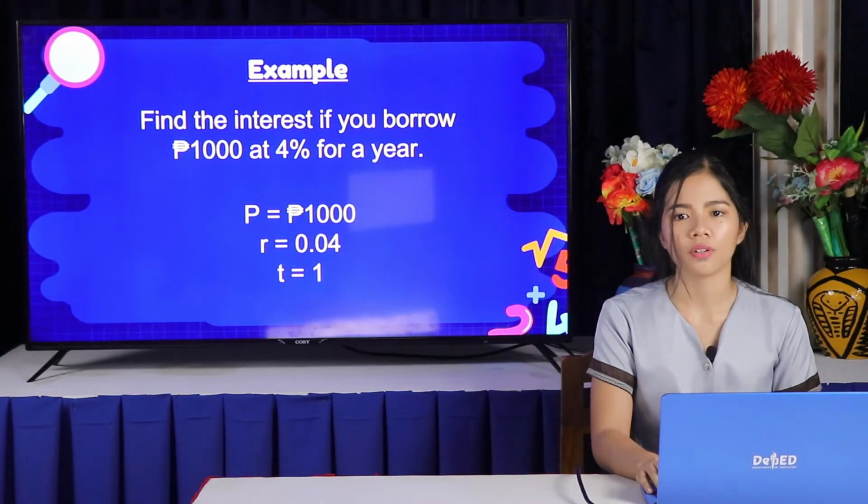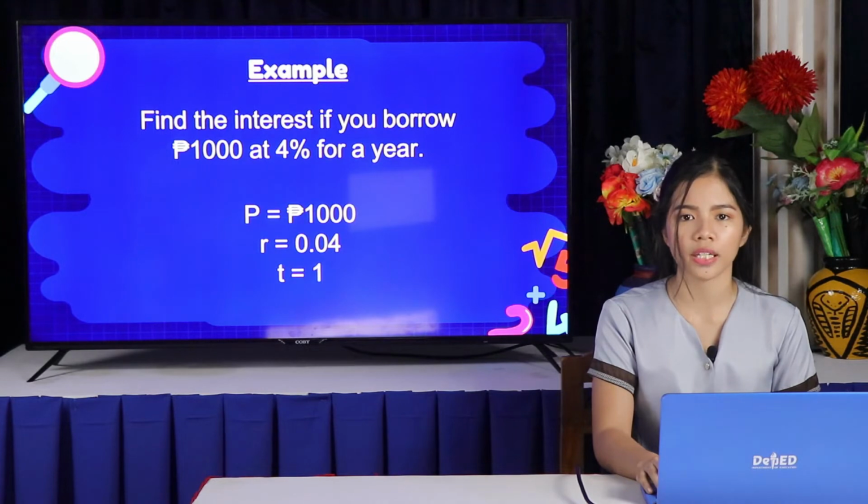For example, find the interest if you borrow 1,000 pesos at 4% for a year. Remember our formula, I is equal to P times R times T. What we're looking for is the I, the interest.